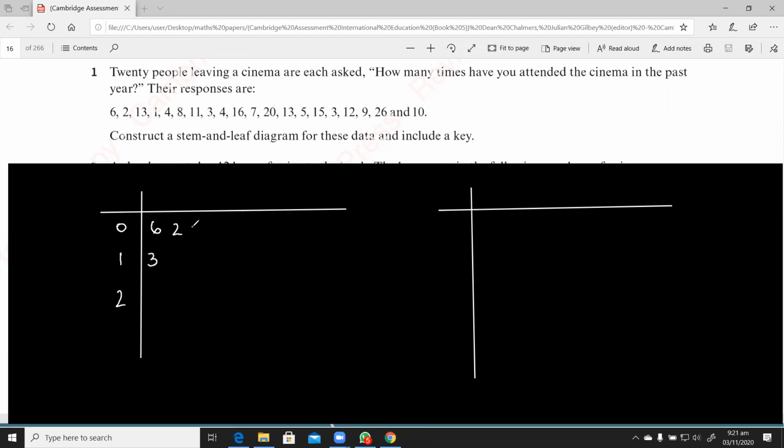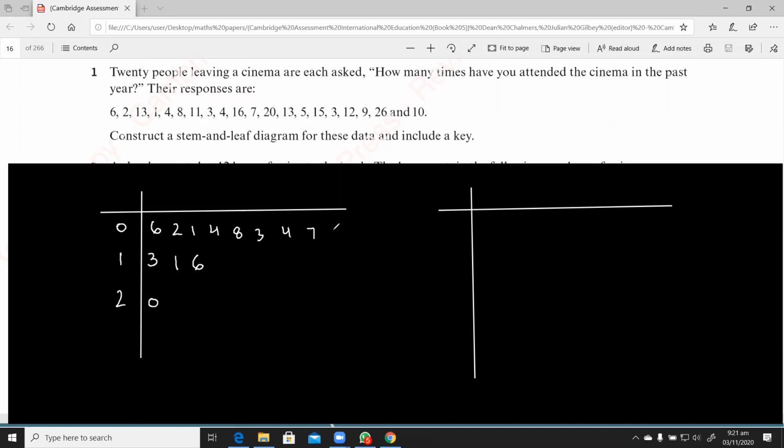Then I have 1, then I have 4, then I have 8, then I have 11. I'll be writing 1 here. Then I have 3. Then I have 4. Then I have 16, so I'll be writing 6 here. Then we have 7. Then we have 20, so I'll write a 0 here.